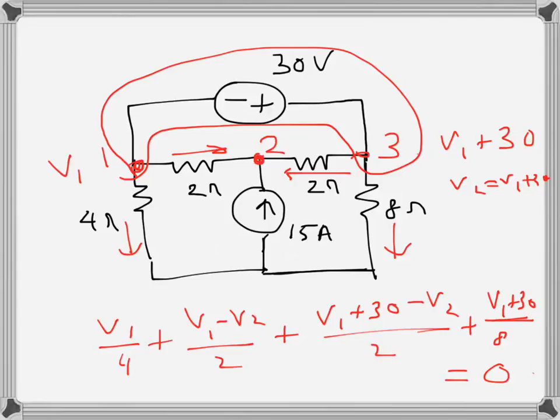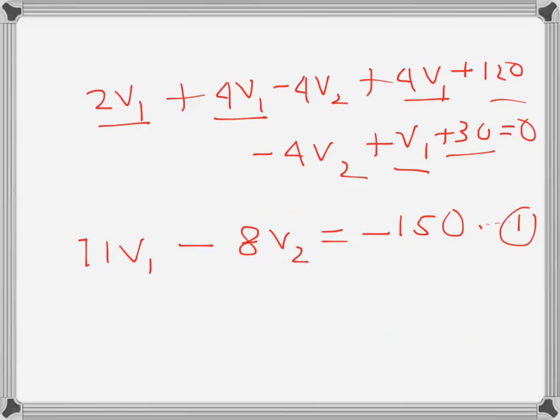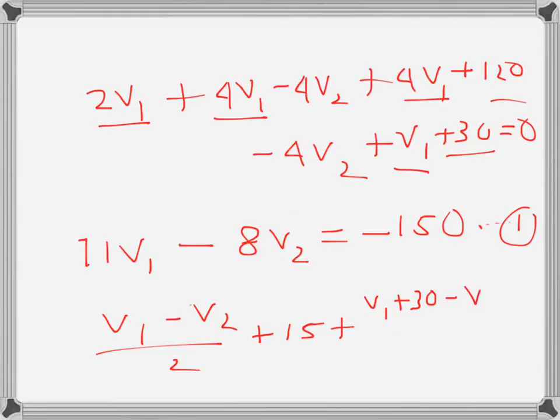If I write KCL for this node, node 2, there are three currents. This current is incoming, this one is also incoming. If I write all three currents as incoming currents, they will be (V1 minus V2) over 2 plus 15 plus (V1 plus 30 minus V2) over 2 is equal to 0.